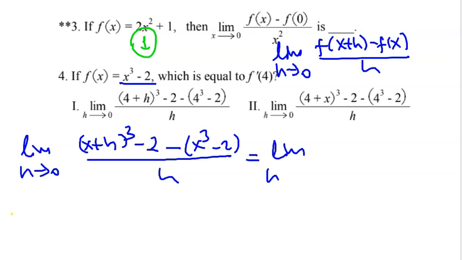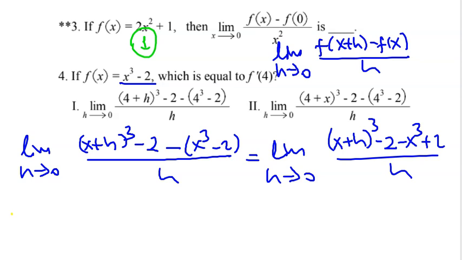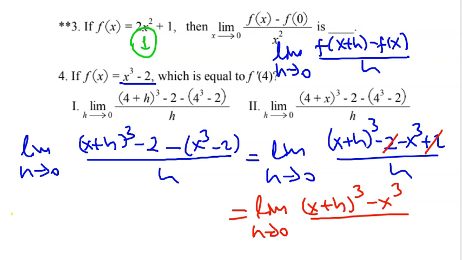The limit as h approaches 0 of x plus h cubed minus 2 minus x cubed plus 2, over h. In this case, the negative 2 and positive 2 are gone. We get the limit as h approaches 0 of x plus h cubed minus x cubed over h. This is the derivative of this original function using the limit approach.